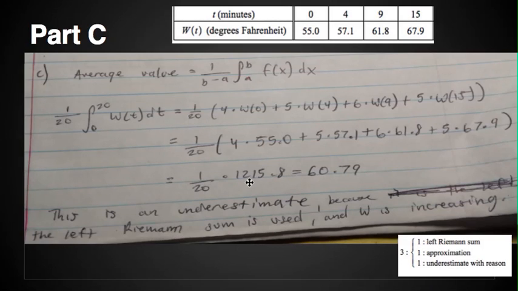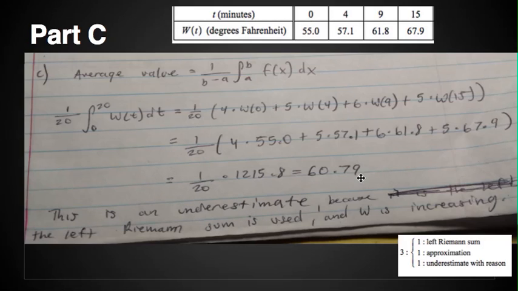In this case, we would have 4 times 55 plus 5 times 57.1 plus 6 times 61.8 plus 5 times 67.9, and we get 1,215.8 times 1 over 20, and you get an answer of 60.79. We get 1 point for just using the left Riemann sum, another point for getting the actual answer, and a third point for explaining that it is an underestimate.